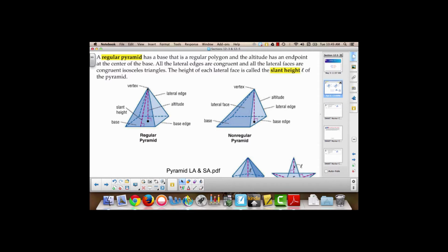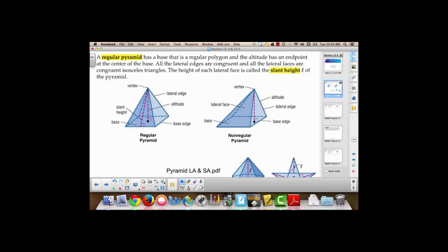So pyramids have two different kinds of height. A right regular pyramid has a height of the pyramid, which we'll label with H, that goes from that top vertex to the center of the base. That's the height of the pyramid.